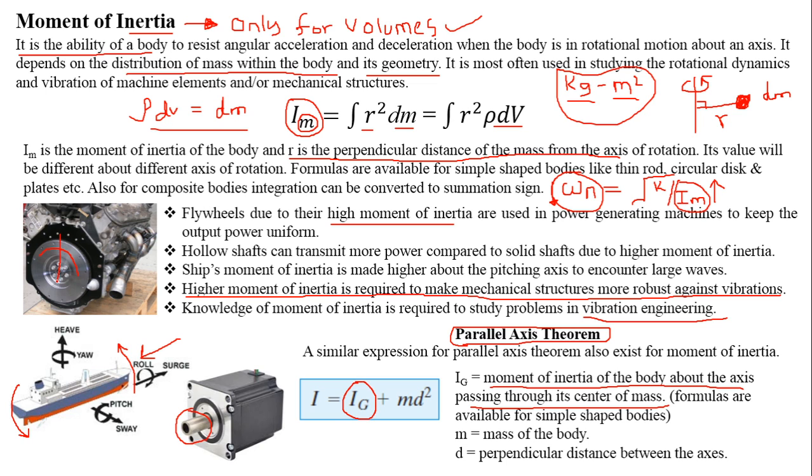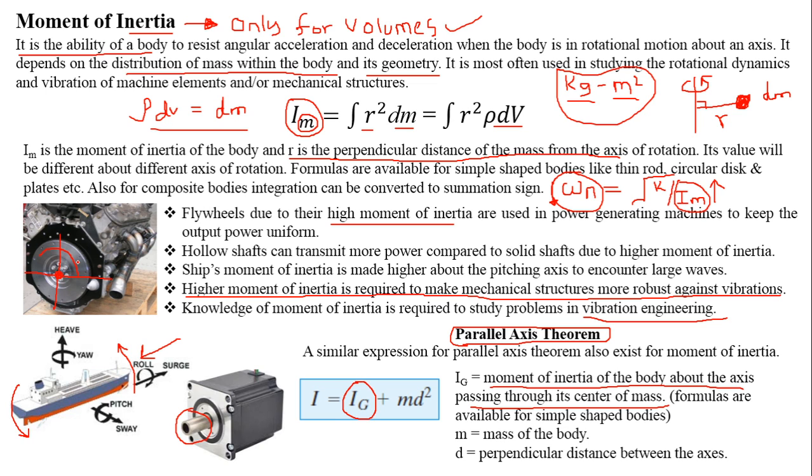For example, let us take the example of this flywheel, which can be approximated as a circular disc. So this is the center of mass. If it is made up of a single material, then the centroid is the center of mass, and it is also the center of gravity.